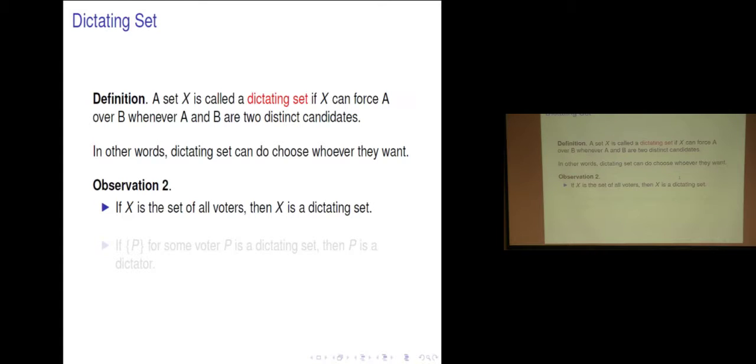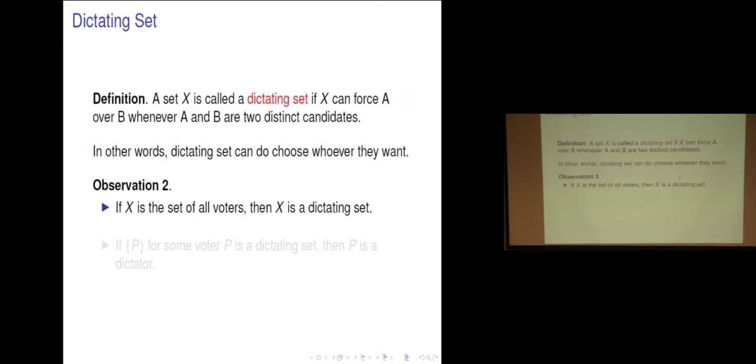Now let's make some observations. If I take X to be the set of all voters, then X is a dictating set. Because if everybody in X places A above B, then by Pareto, B has no chance, so A would win.